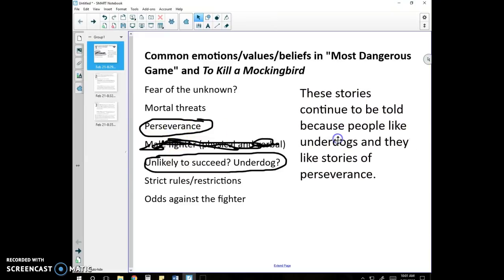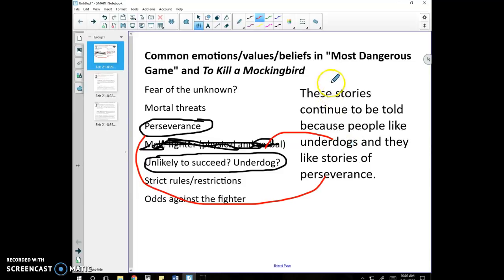These stories continue to be told because people like underdogs and they like stories of perseverance. You can immediately see I've got this idea of the underdog and the idea of perseverance. But you'll notice this is pretty close to this. I mean, this is a Bing Bang Bongo. I like these stories because there's underdogs and there's perseverance. Those are just two topics.